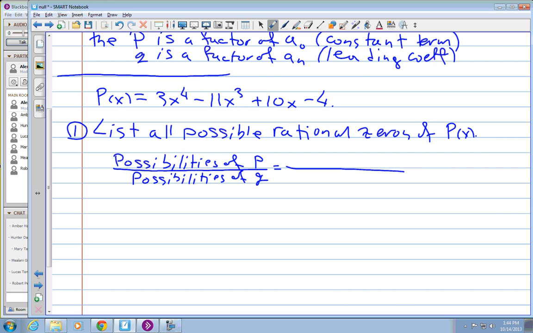We'll have plus or minus 1, plus or minus 2, and plus or minus 4. That's the constant, right? So the numerator is the constant, the denominator is the leading coefficient, which is 3. So what divides 3? Yeah, 1 and 3, so plus or minus 1 and plus or minus 3.